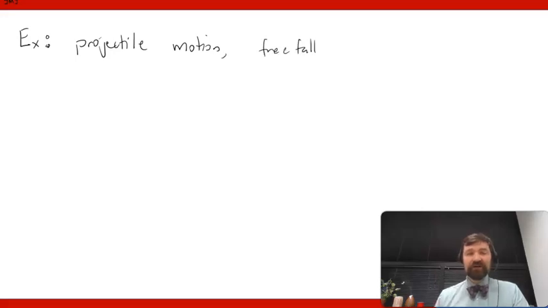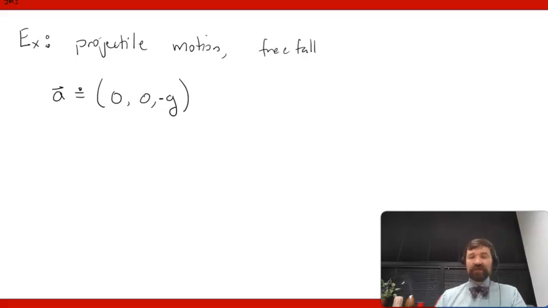an object in free fall has an acceleration vector that could be represented as 0, 0, negative g, where negative g is your free fall acceleration. This is if you want it in 3D.